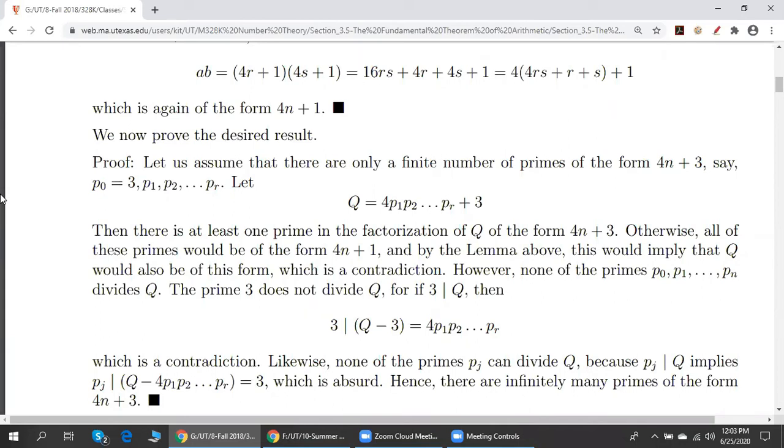What you are saying is actually not correct. Here is why. Note that we came up with the conclusion that q is not divisible by any of these numbers thanks to the assumption that there are only a finite number of primes.